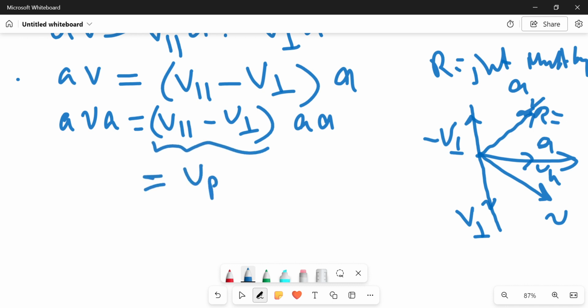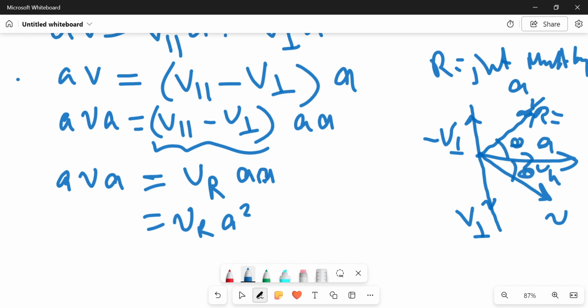So V reflected times A A, sandwiched, A V A. A A is A squared. So V reflected times A squared, where A is our reference vector.